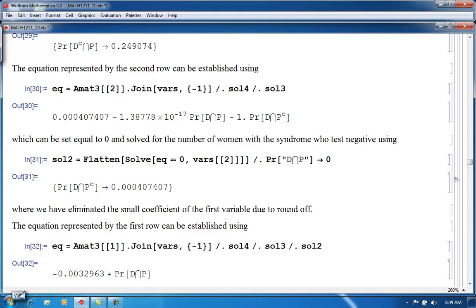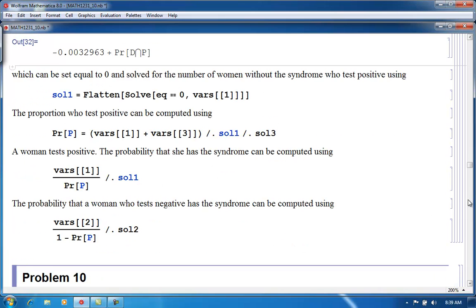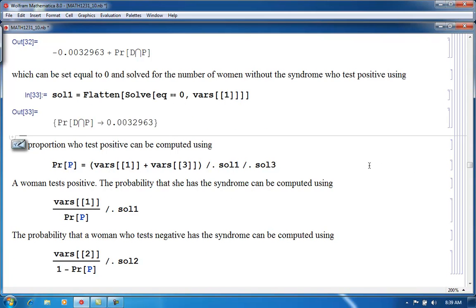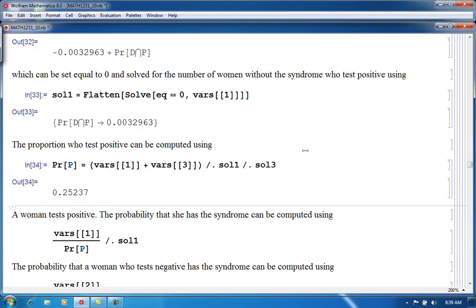And that is the proportion of women who have the syndrome and test positive. So we can solve that. And now we can work out the fraction who test positive, which is just the sum of the first variable, which we just found there, and the third variable, and we insert their numerical values, and that's the answer we got before.